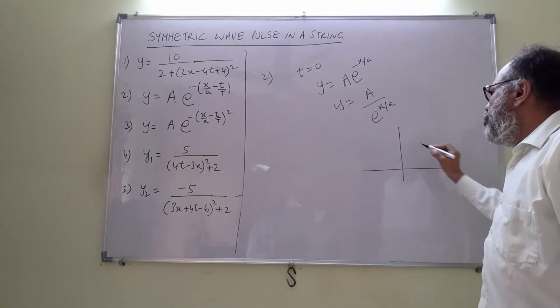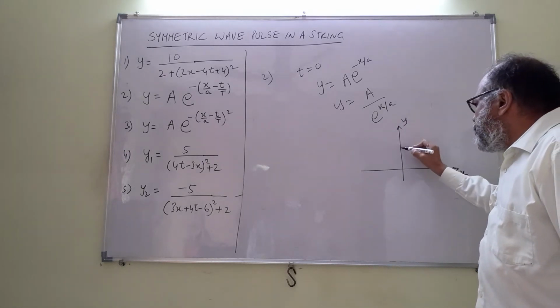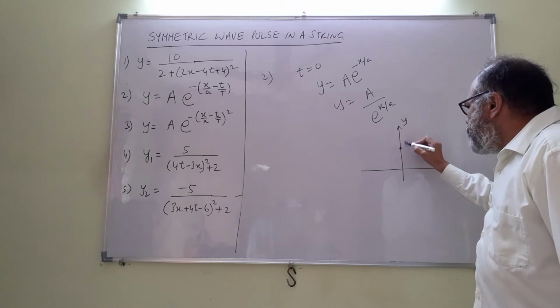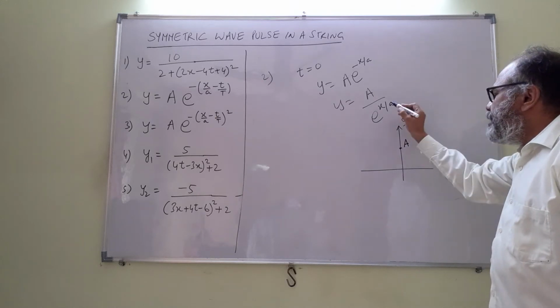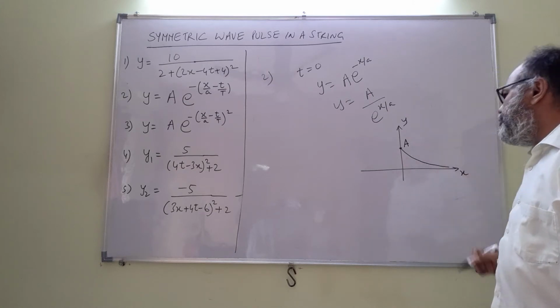So if you plot the graph of y versus x, it would be a at x equal to 0, and as x tends to infinity, y will tend to 0. So the graph will be like this.